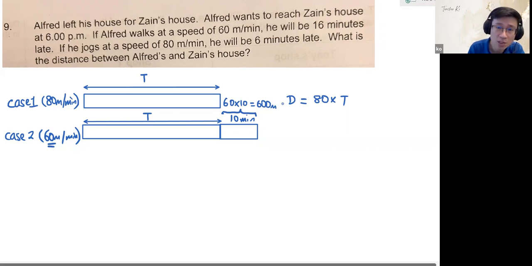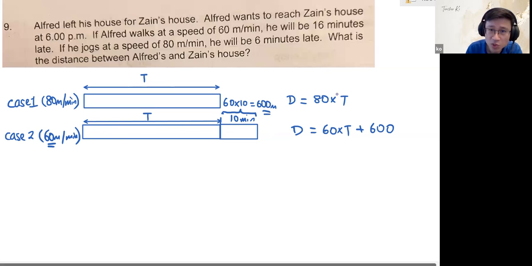So the distance he travels in case two is 60 times t, plus the 600 meters. Not only has he traveled this distance for this amount of time, he has to travel another 10 minutes' worth of distance, which is 600 meters.